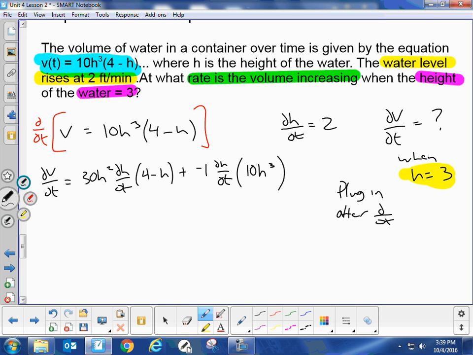Okay? This would be, I think, the more difficult way to do this. I would prefer that you distributed this first. Now, dV dt is over here. This is what we're trying to find. We have when h is 3. I'll plug in 3 everywhere. I'll plug in 2 for dh dt everywhere, and I'll solve. And this is where a calculator comes in handy.